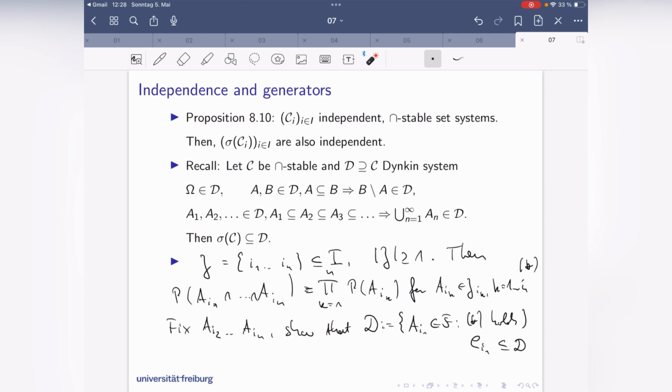But more is true. You can show that this D here is intersection stable, and it's a Dynkin system. Not going into the details here, but what happens now: you have C_{I_1} is a subset of D, and D is an intersection stable Dynkin system, exactly as here.